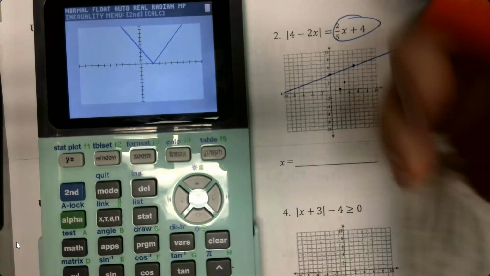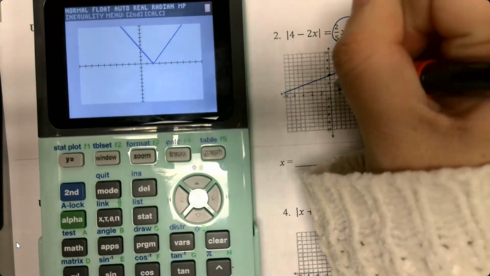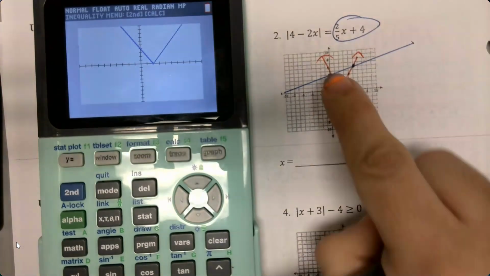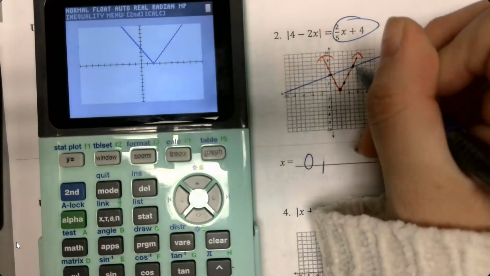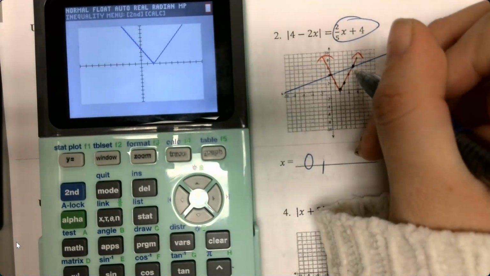Oops, I want to be doing this one in red. Okay, this one is crossing at 2 spots. This one right here is at 0, and then again at 5.